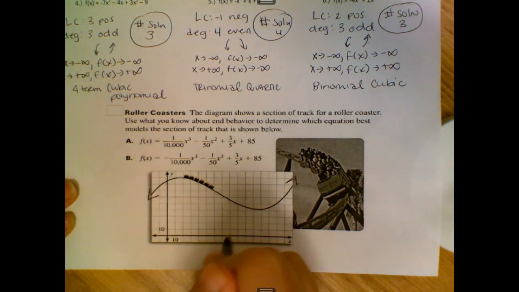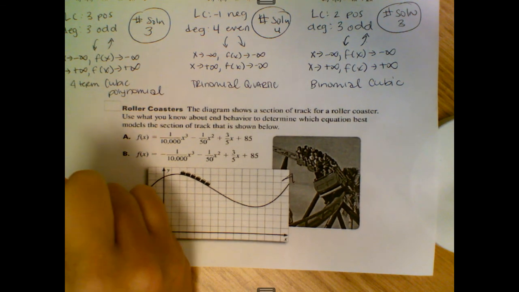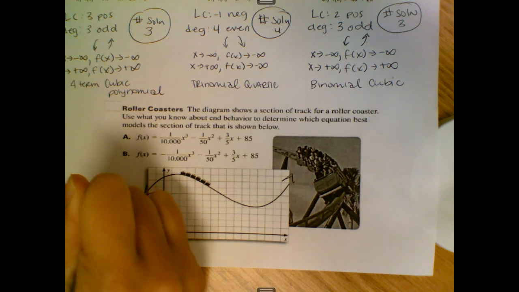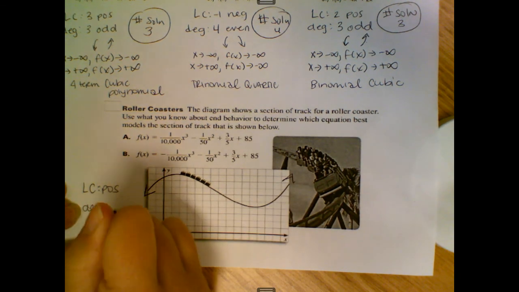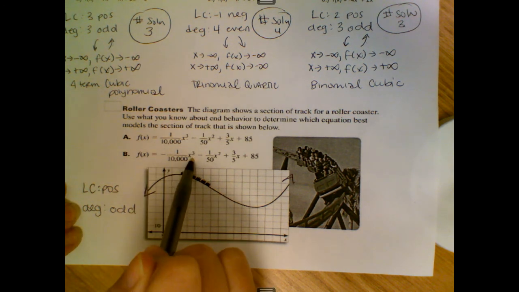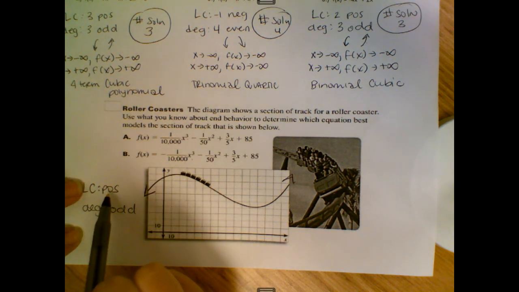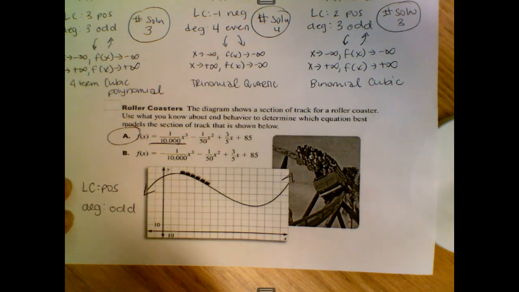So that means if our right arrow is going up, our lead coefficient had to be positive. And if they're going in opposite directions, our degree had to be odd. So looking at both of these options, both of them are odd degrees, okay? So we need our lead coefficient to be positive. A, lead coefficient positive.